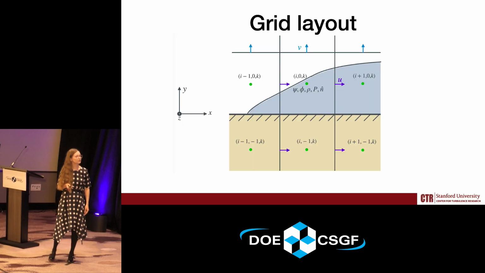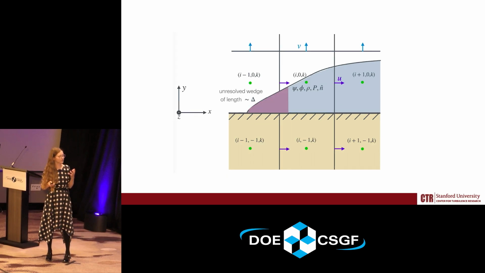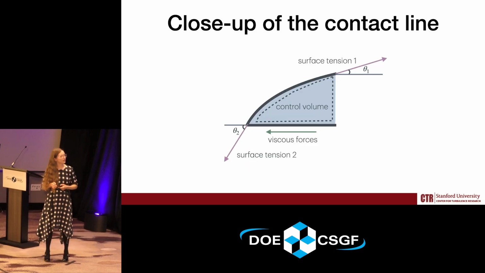So I'd like to remind you of my grid layout, and considering my grid scale, we're going to have unresolved length scales below delta that have a huge influence on the overall dynamics of the drop. And so what we do is we take a control volume here, and we find that we have very large viscous forces inside of this very small confined geometry near the contact angle.